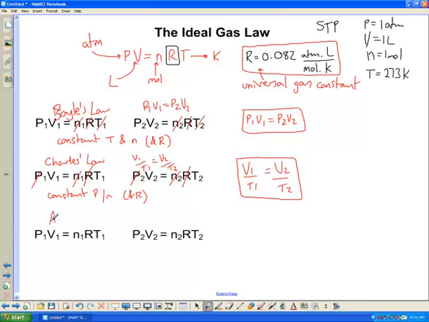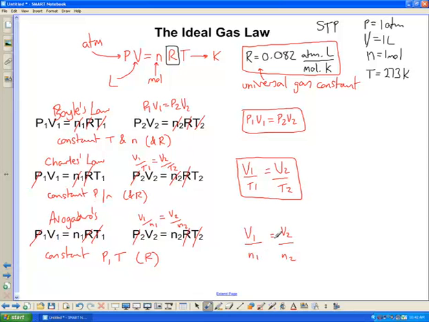And then when we went down to Avogadro's law, which said that the volume and number of moles were related to each other directly, all right, and that assumed constant pressure and temperature, and of course the constant R. So when we cross out the constants here, we have a situation that's similar to what we had up here, and we can rearrange that to say V1 over N1 equals V2 over N2.